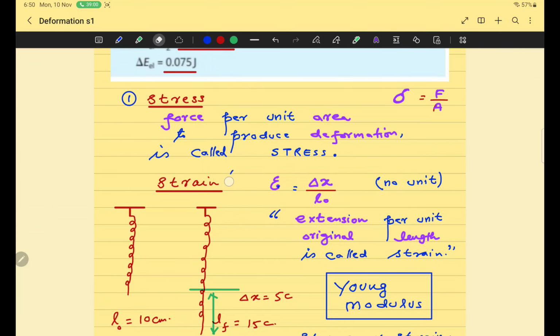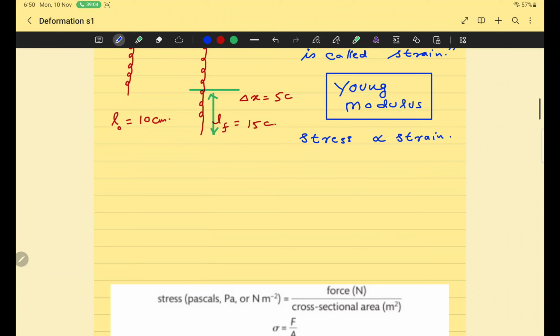So stress and strain are directly proportional. And if you remove the proportionality sign and shift the strain to the other side, then the constant is called Young modulus.